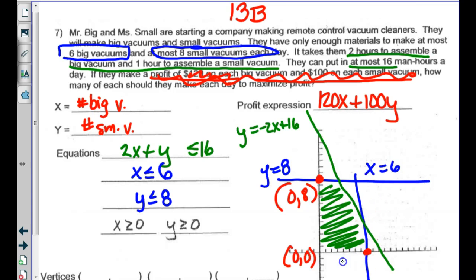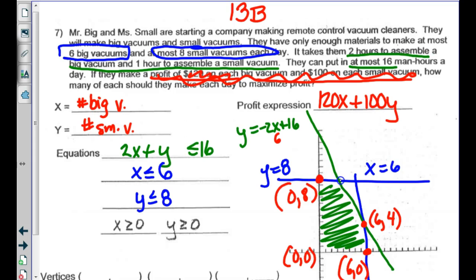It says x is 6, so that's 6, 0. Okay, on the green line, if I put in x equals 6 right here, what will I get? Right there, the blue line has to have an x of 6. If I put the 6 in there, guys, what's negative 12 plus 16? 4?